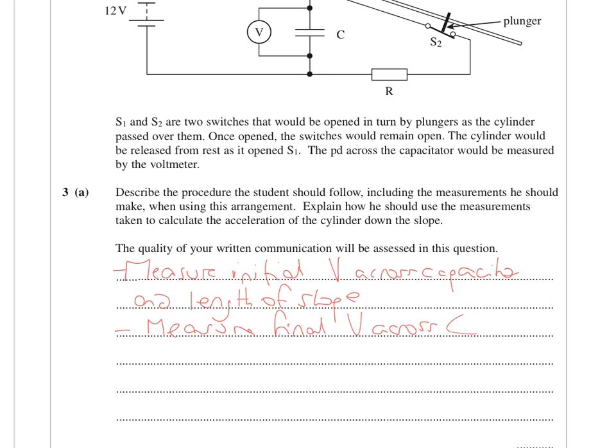And what you're going to do is use this equation here to calculate t, because you know Vt, you know V0, you know R, and you know C, so you can use that to calculate the time it takes to go between those.